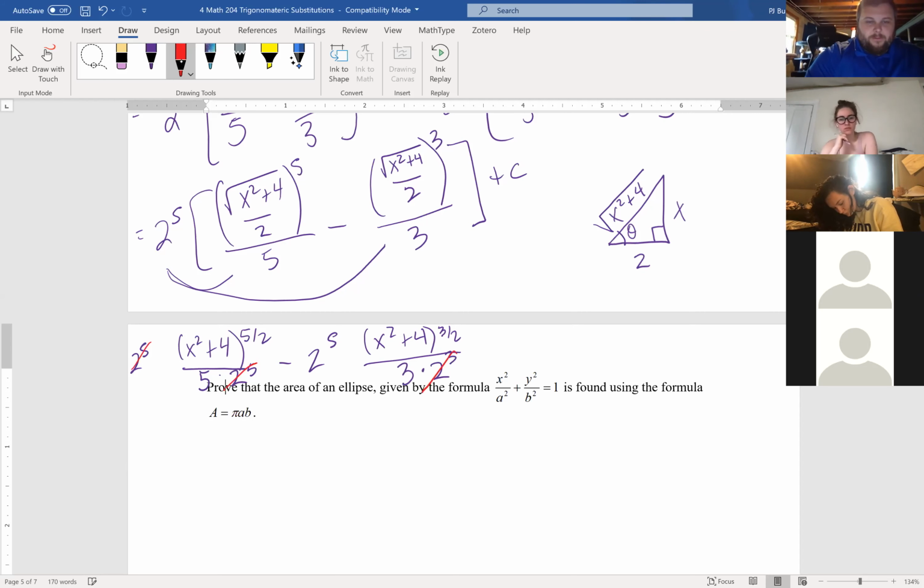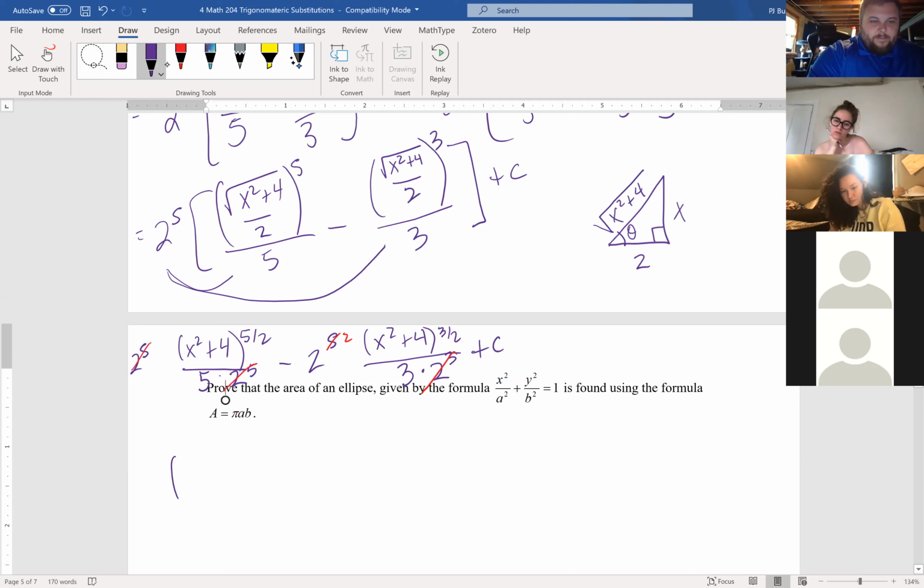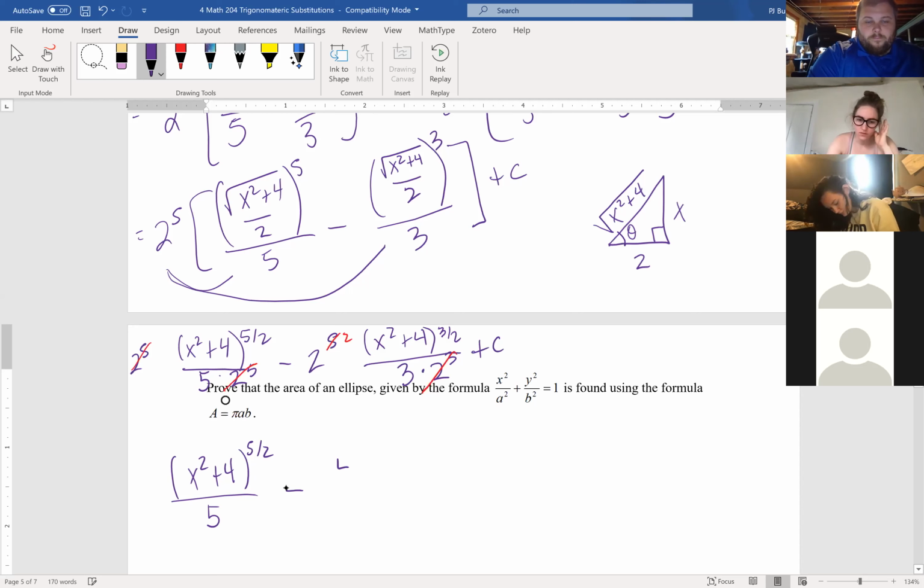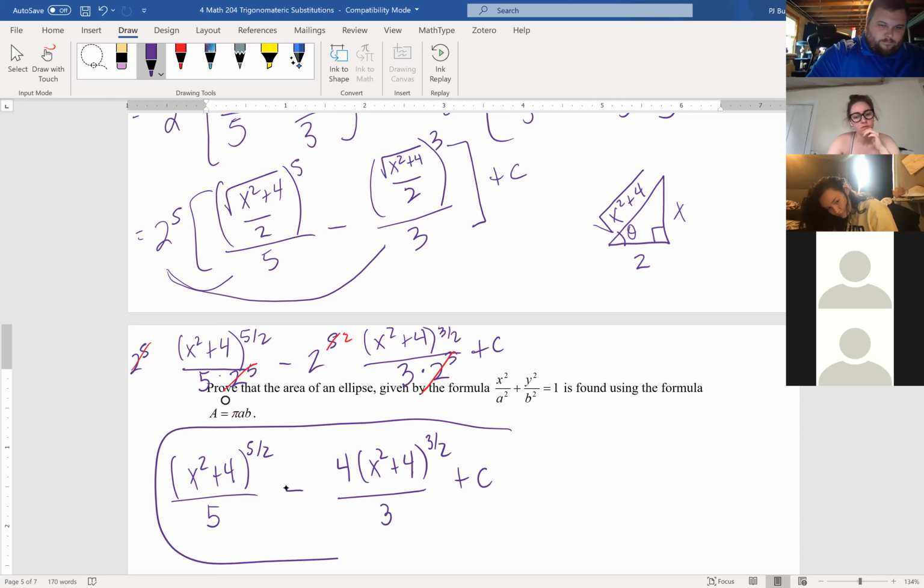So this would cancel with this and make this 2 squared. So finally, it should look like that.